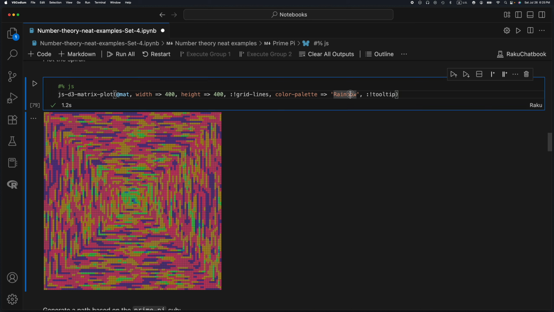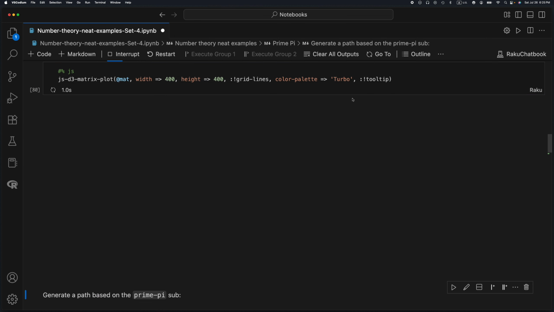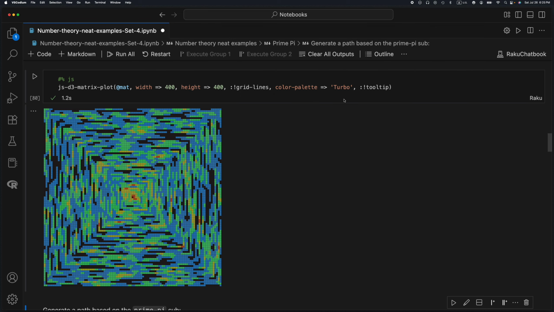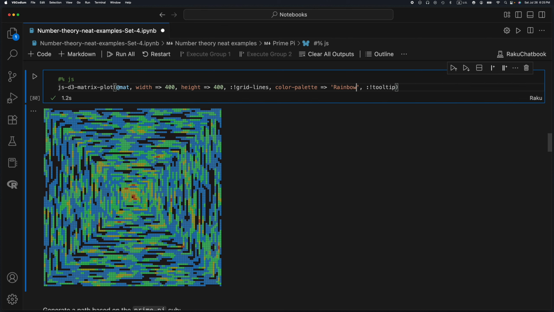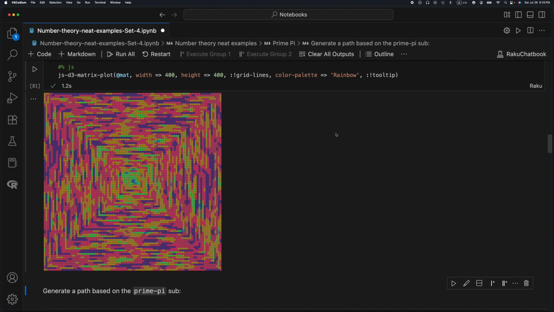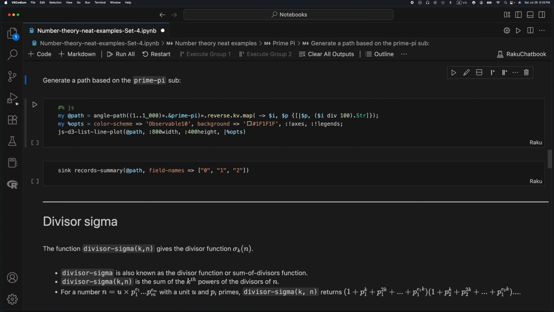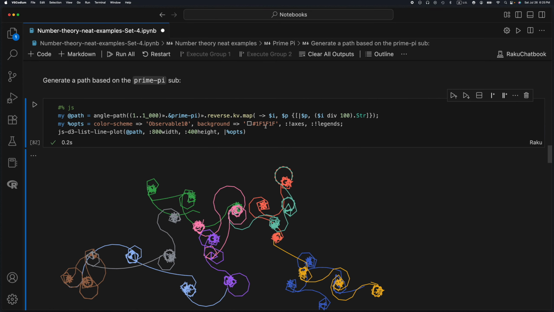I can probably use a somewhat different color palette, and it probably looks nicer given the background here, but I'm going to return to rainbow because I use turbo a lot. All right, so let's actually do something more interesting.